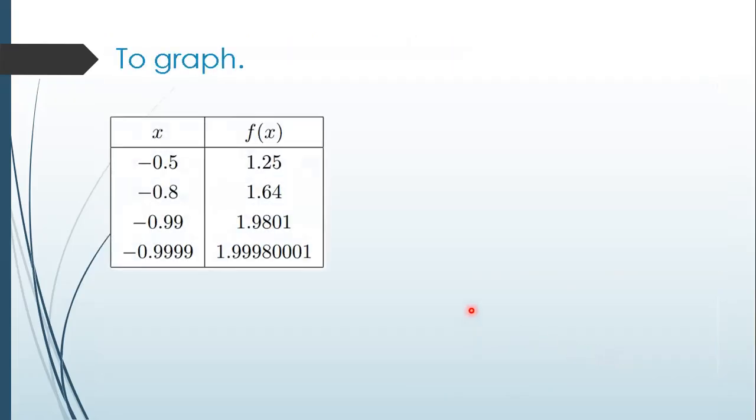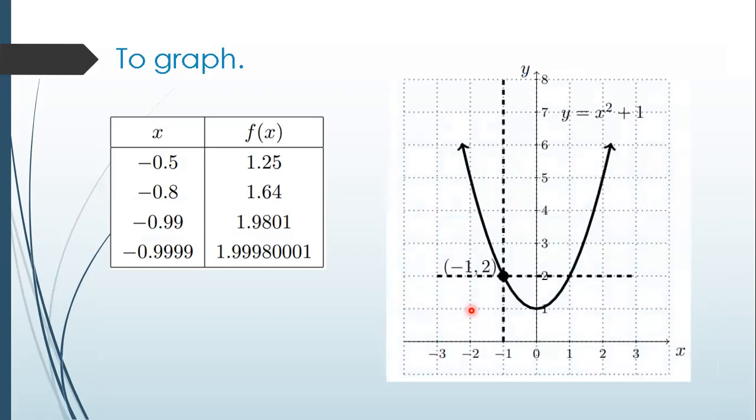And to graph the table from our second example, it will look like this. It is a parabolic graph. Let's start with negative 0.5. It is here, negative 0.5 on our x. This is 0 and this is -1. This is negative 0.5, so it's located in this black portion.